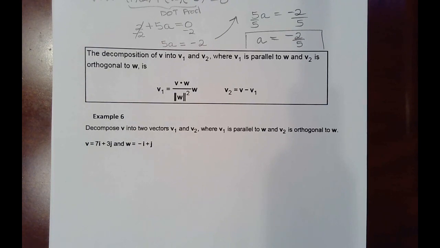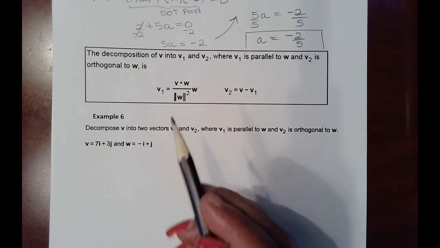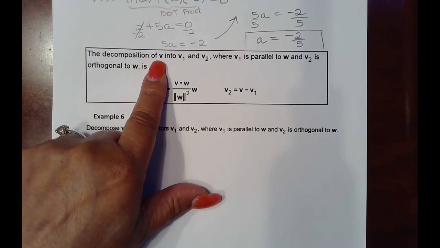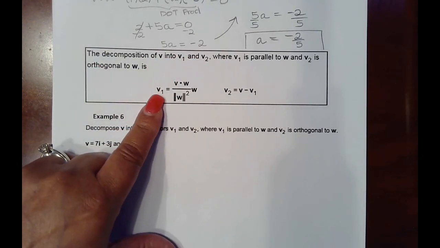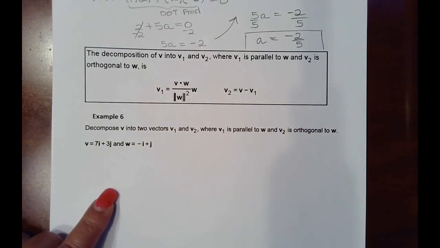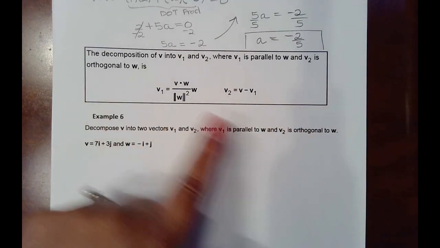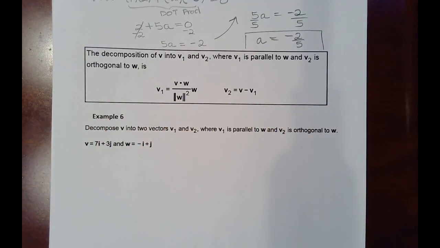Okay, so decomposition of vectors. We have the formula right here. It tells you how to decompose a vector into two vectors, where V1 is parallel to vector W and V2 is orthogonal to vector W.